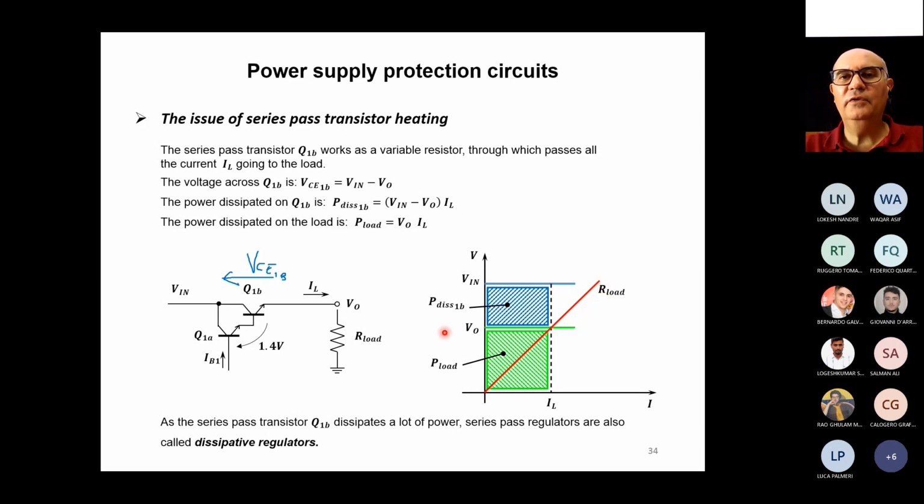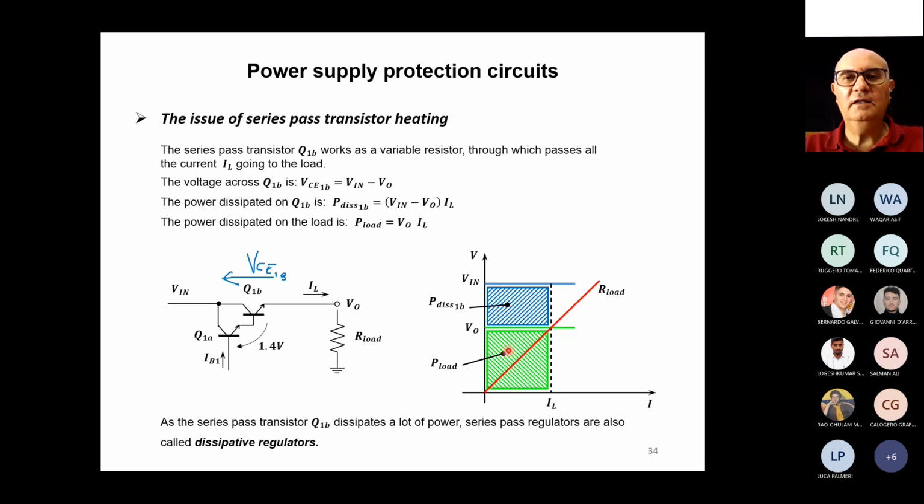If I set the voltage VO, the resistance will allow a current IL. Okay. The two areas, VO times IL and Vin times IL, but also Vin minus VO times IL, represent the power dissipated in the transistor. That's the blue area.